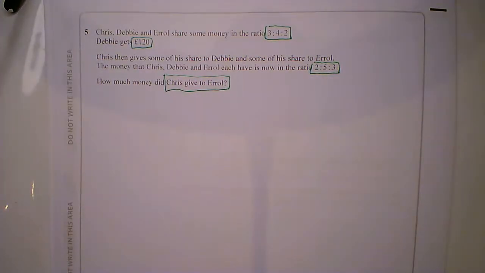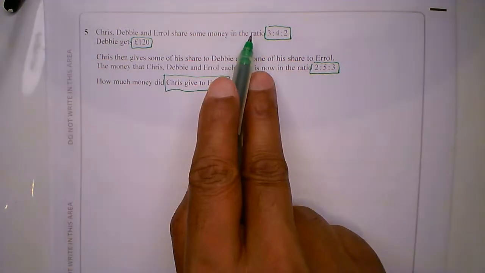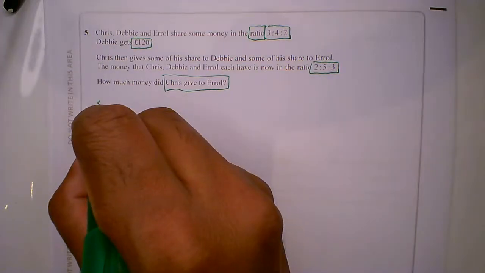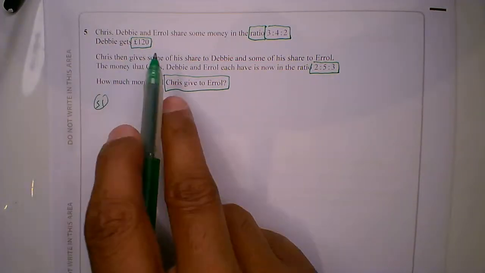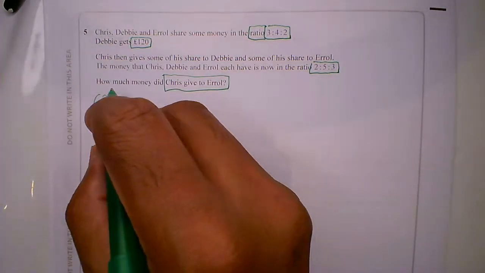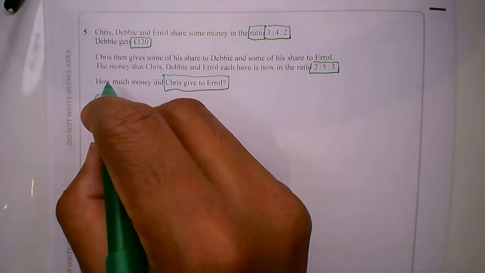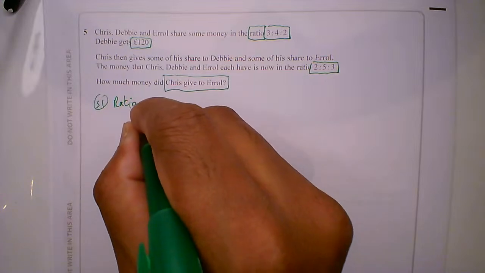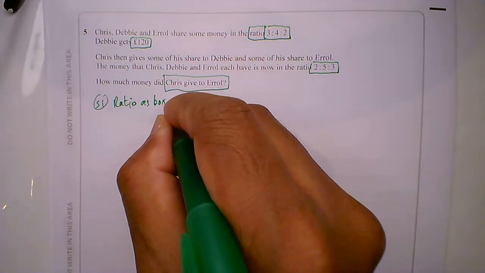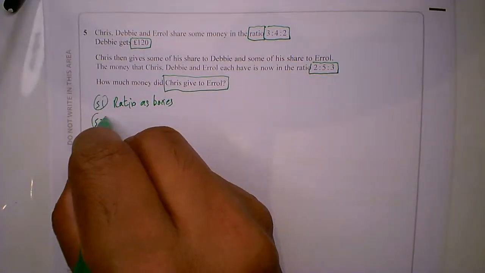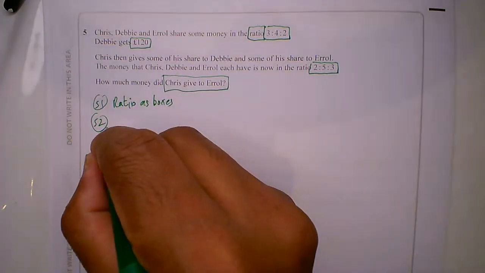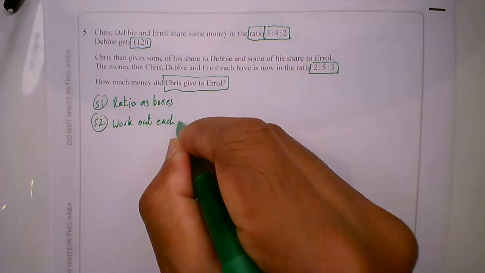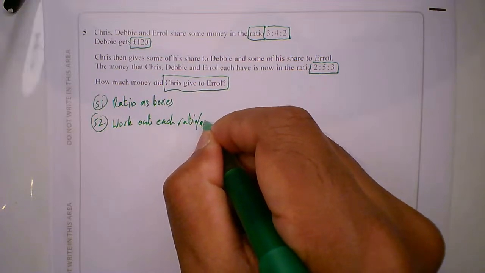So again, it's a problem-solving question, and it's to do with ratio, so we can work this out in a number of ways. I'm going to use my box method. So step 1 is put the information as a box, the ratio as boxes. Step 2 is to then work out the amounts, each ratio amount.